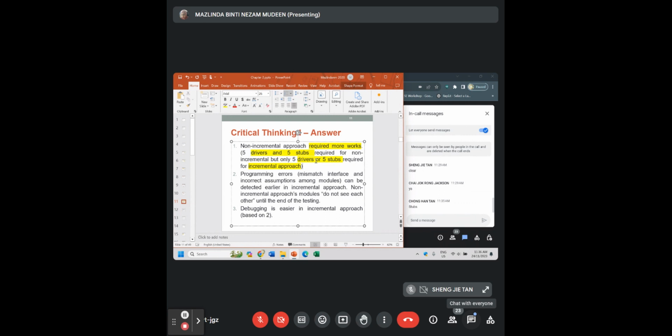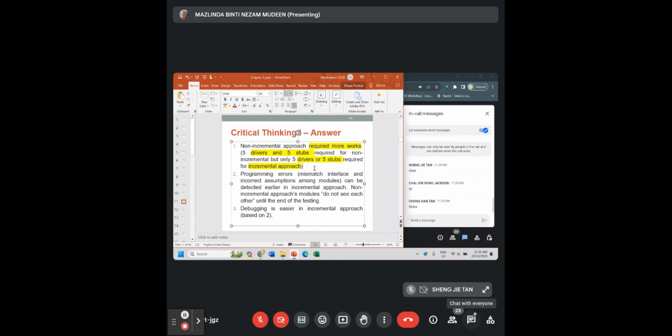So in that case, compared to non-incremental approach, it will require less work to prepare this dummy code. So which one is having the advantage here, incremental or non-incremental, for this first point?